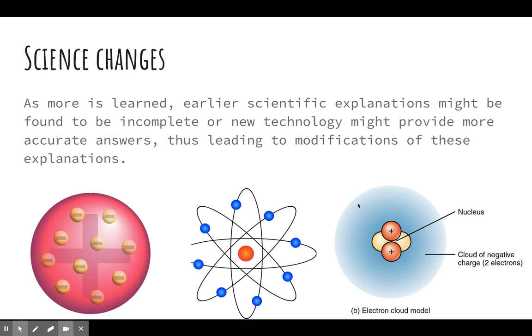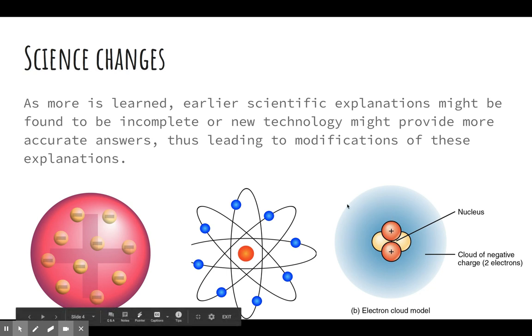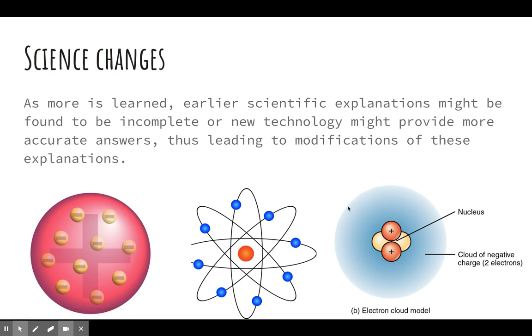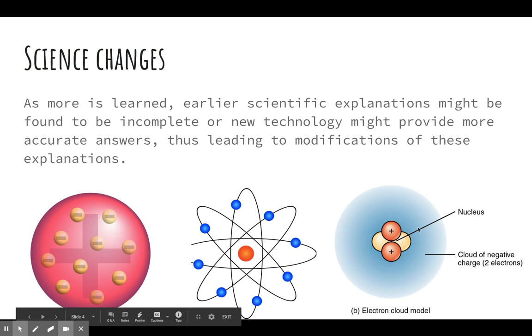And it's surrounded by this electron cloud. So we don't have these electrons orbiting like we thought, but we have this large electron cloud where they are just rapidly moving throughout that space. So as you can see, over time, science changes.